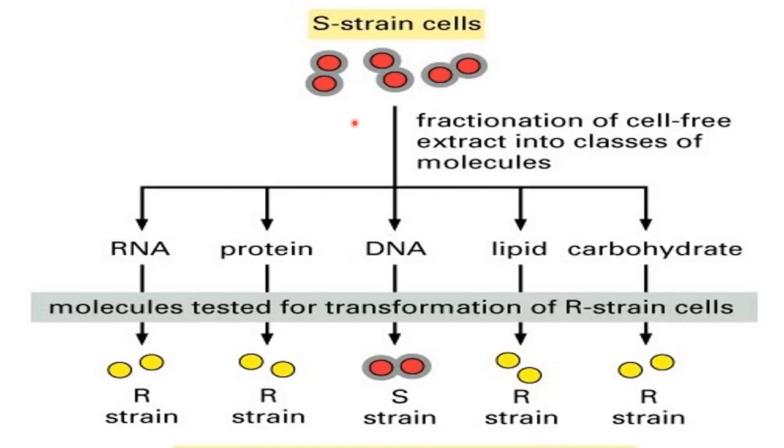So what they did, first of all, they took heat killed S strain and extracted all the components from these cells. They took RNA, proteins, DNA, lipids and carbohydrates separately. All these components were tested for the transformation of R strain cells.